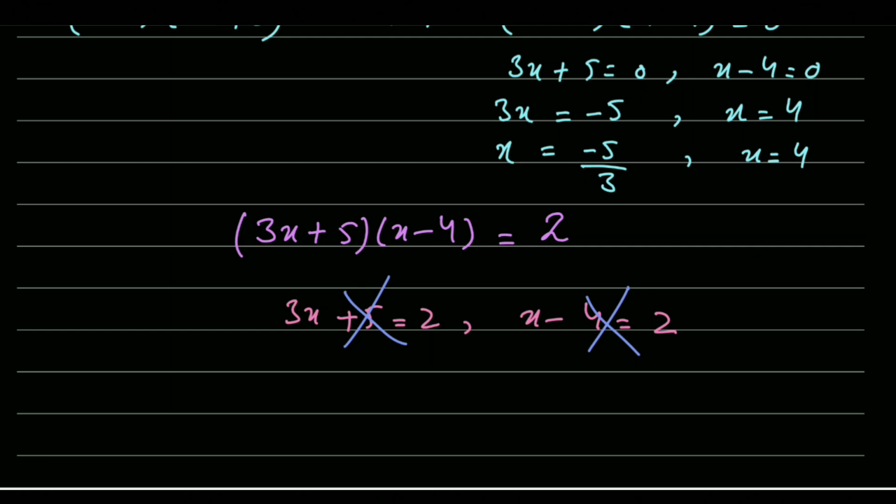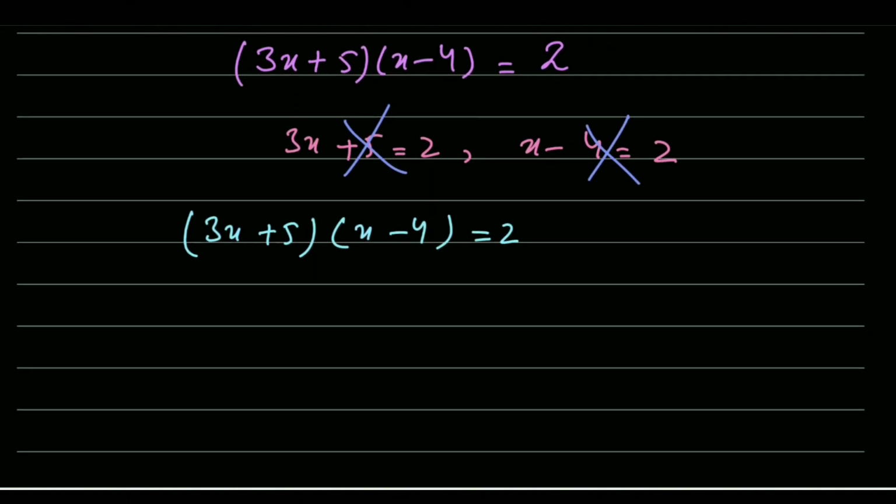So I will explain to you. 3x plus 5 into x minus 4 is equal to 2. You will simplify the brackets, you will multiply the brackets, like 3x will be multiplied with x, it will become 3x square, 3x square minus 12x plus 5x minus 20 is equal to 2.